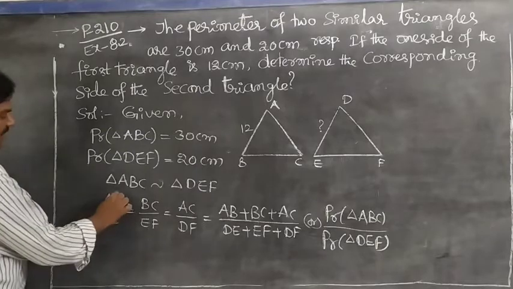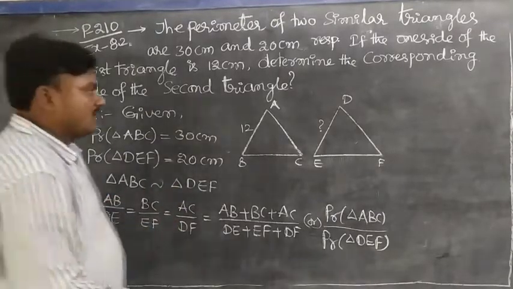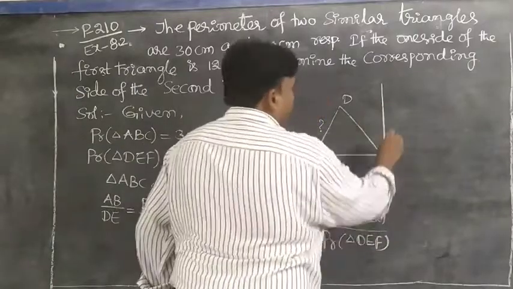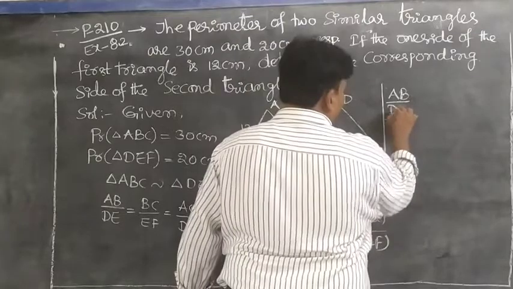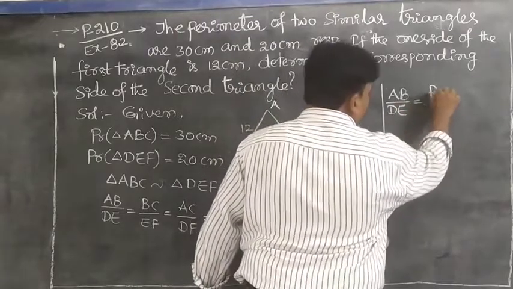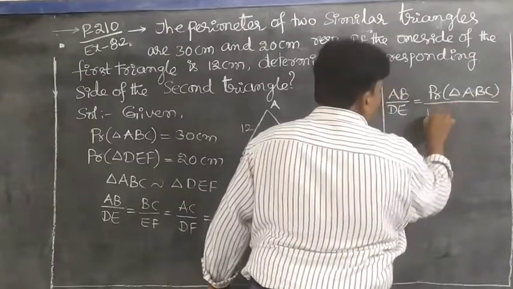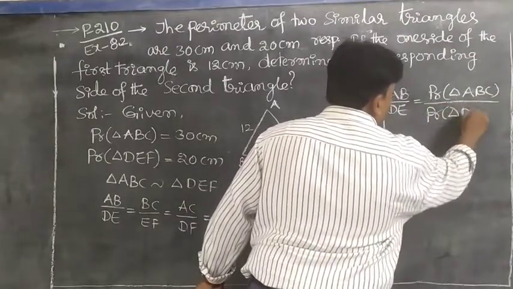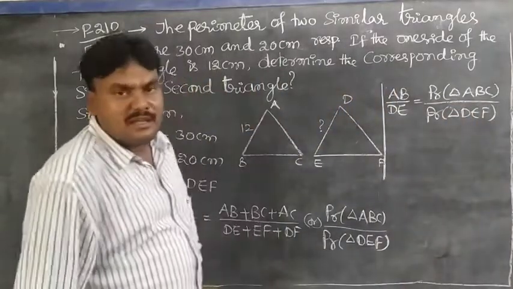So we equate the first and last ratios. That means AB by DE equal to perimeter of triangle ABC by perimeter of triangle DEF.